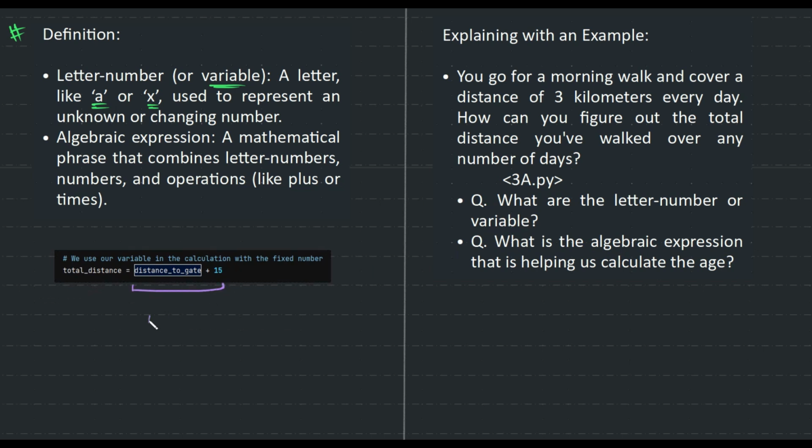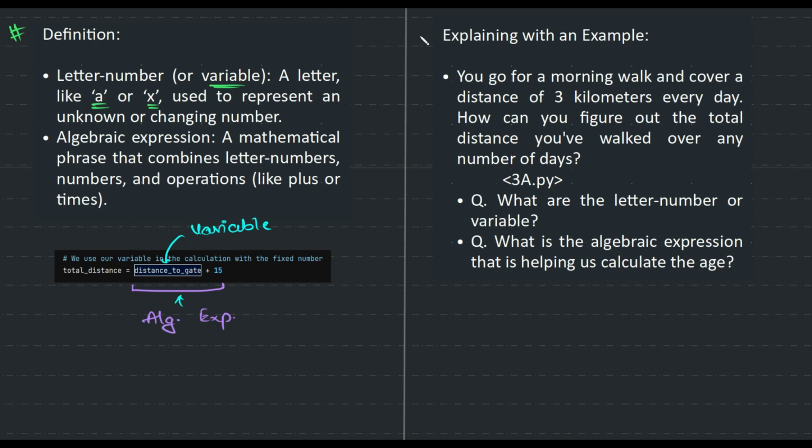This is an example of an algebraic expression, this entire thing. And this is your variable. It's not a letter over here, it's a phrase, but still that's a variable. So an algebraic expression is made up of variables and operations. You can see the addition operation added to a number, right? You have all of that combined to give us an algebraic expression. So these are the two definitions that we need to know.